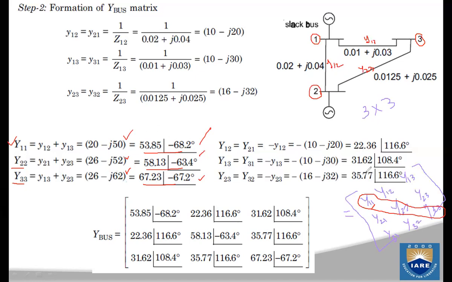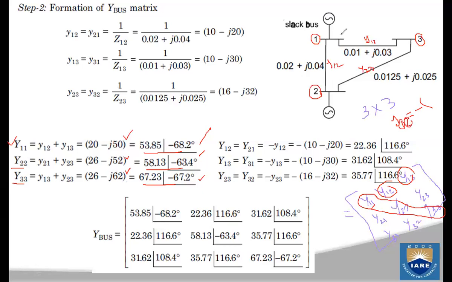Now what about the off diagonal elements: Y12, Y13, Y23, Y21, Y31, and Y32. The value of an off diagonal element is equal to the negative of the sum of the admittances connected between the buses. If you want to calculate the off diagonal element Y12, it is equal to the negative of the sum of the admittances connected between buses 1 and 2.